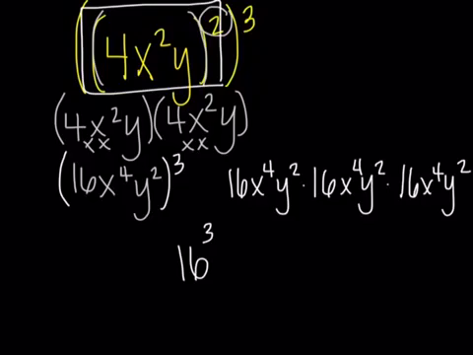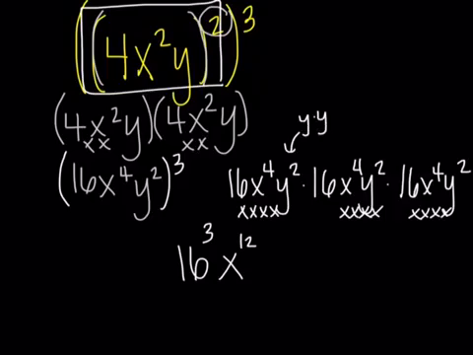X to the 4th times x to the 4th times x to the 4th. Well, each x to the 4th will expand out to be 4 x's multiplied together. So that would give me x to the 12th power. Each y squared will be y times y. So I'll end up with y to the 6th power.